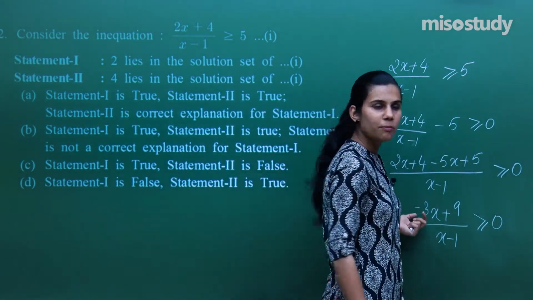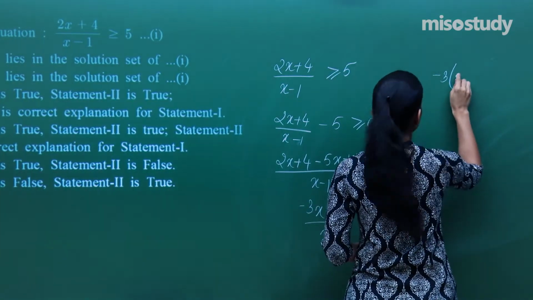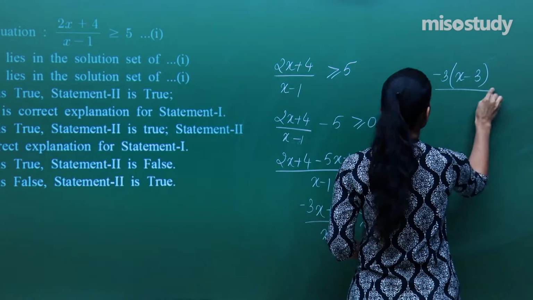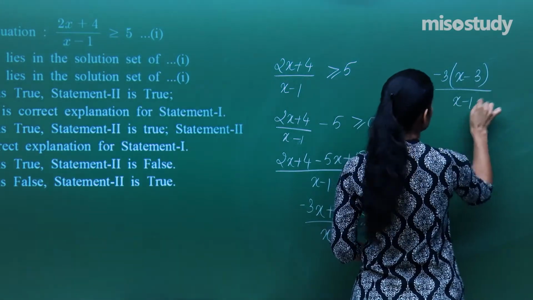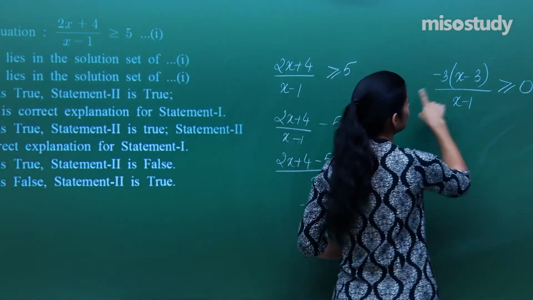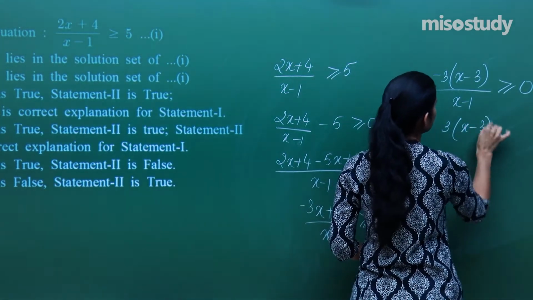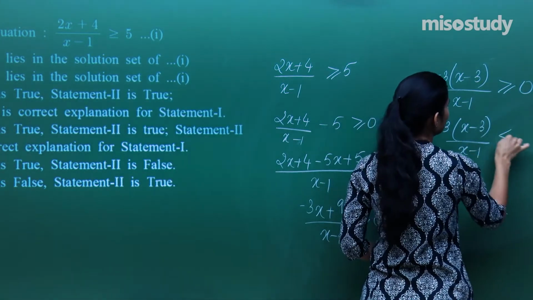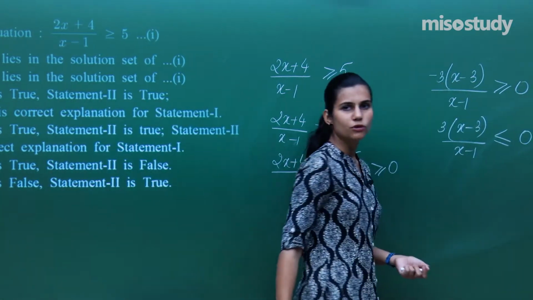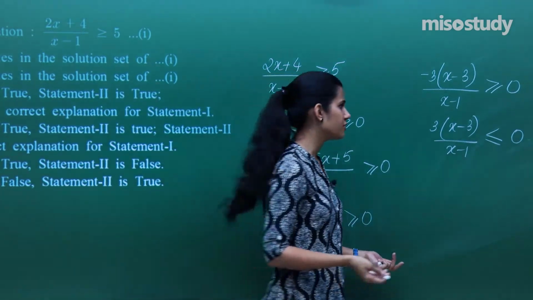You can take out minus 3 common. You have (x minus 3)/(x minus 1) is greater than or equal to 0. You can multiply both sides by minus 1. You basically get 3 times (x minus 3)/(x minus 1), and this is going to become less than or equal to 0. When you multiply both sides by a negative quantity, the inequality reverses.